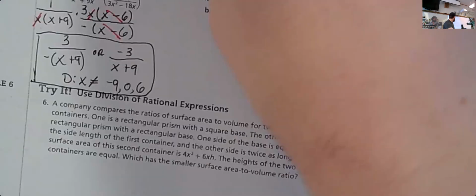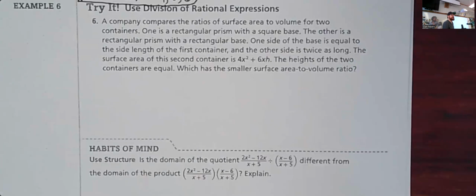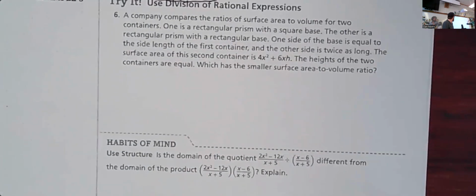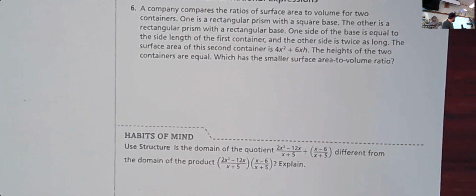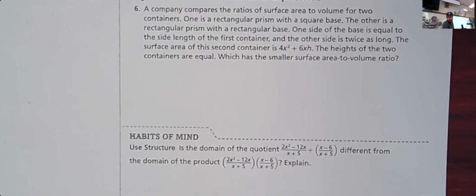All right. Now we do have one more problem here, and this kind of ramps things up a bit. So I'm going to try to be as quick as I can with this one. And there is an example in the textbook that kind of explains what's going on here. But basically, shipping companies use this kind of analysis all the time. Because if you're a shipping company, you want to reduce your costs, right?